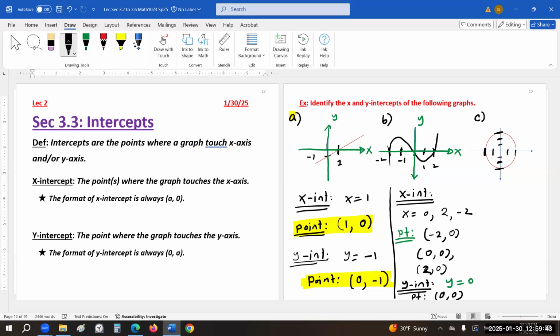Do you have any more y-intercept? No, because we are crossing the y-axis only once, not more than once. So you're crossing once, twice, 3 times on the x, but only 1 time on the y. Question?